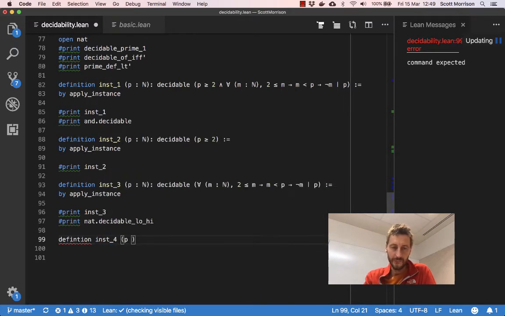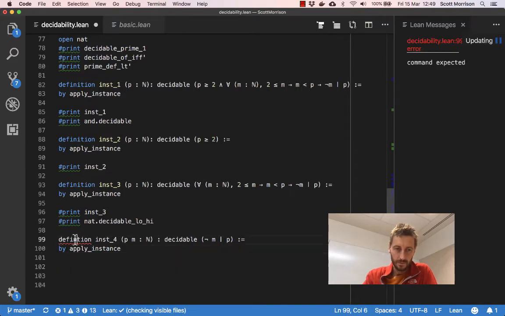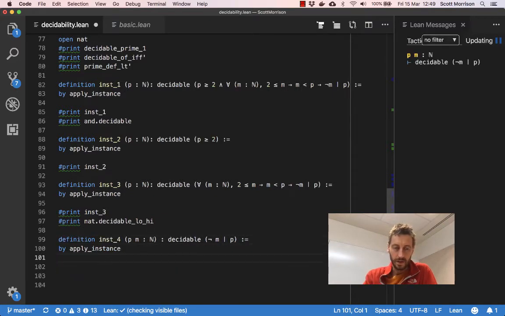So now we've got two natural numbers, p and m, and we want to know that it's decidable whether it's not the case that m divides p. Again, we can look inside whatever it managed to do there.